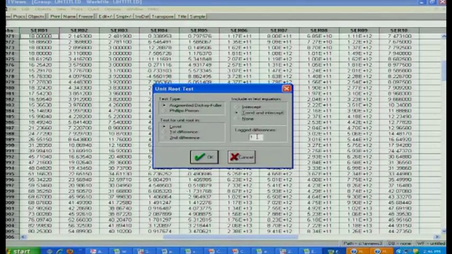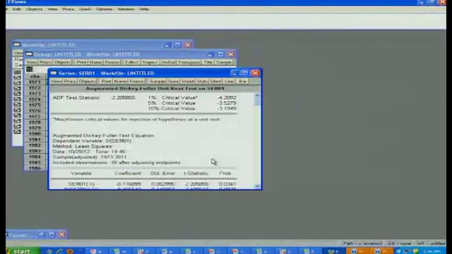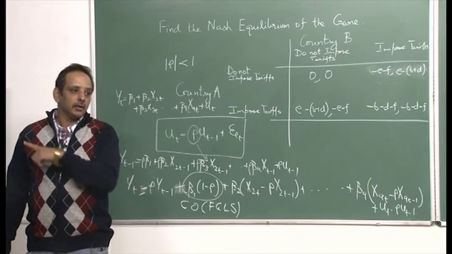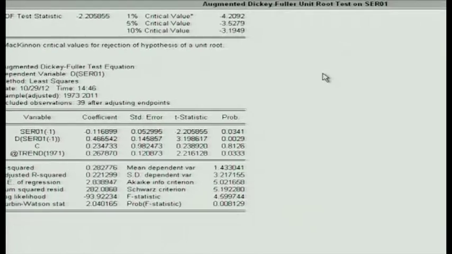Otherwise, there are criteria to know what will be the lag difference. So, you click OK and this is the result that you get, minus 2.20. So, if the absolute value of this is less than the critical values, then there is a presence of unit root in the series. So, at levels this series is non-stationary.